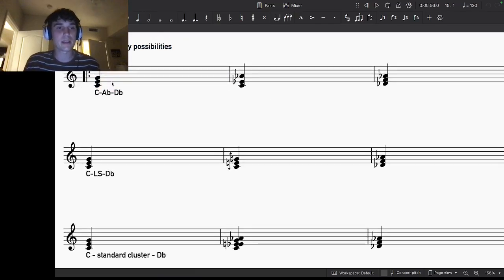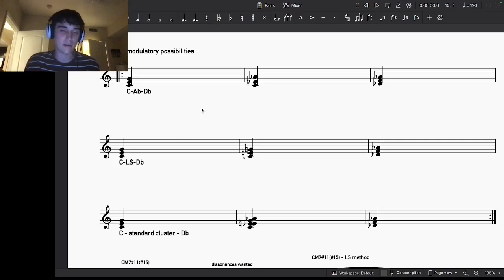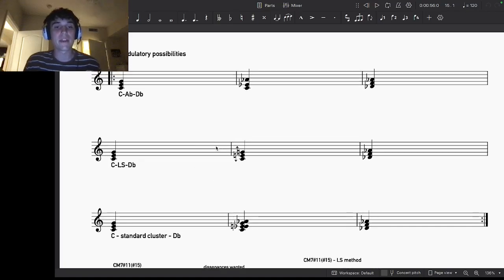So this would be a C to an A flat to a D flat. This is a very normal change. You know, Neo-Riemannian theory, the triadic transformations. But this is going to be a quarter tone deviation, implying that this is kind of in between an A flat and a G, and this is kind of in between an E flat and an E.